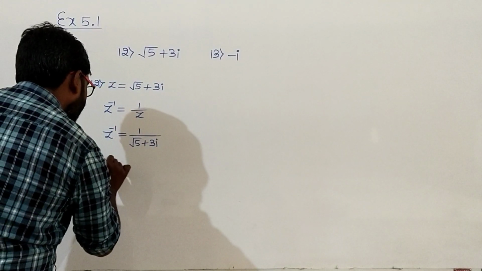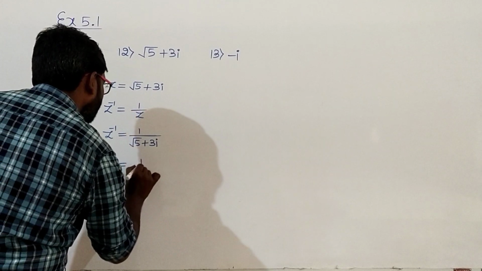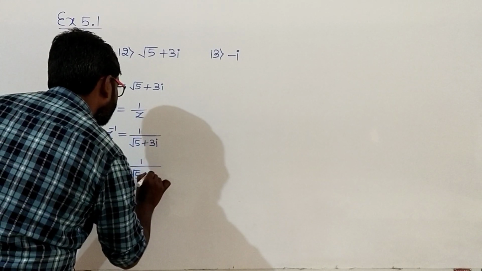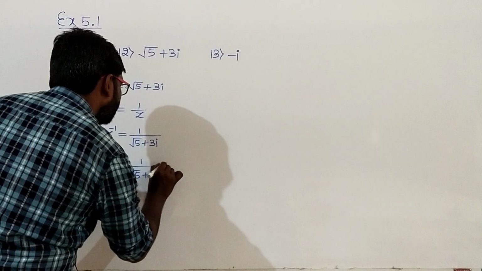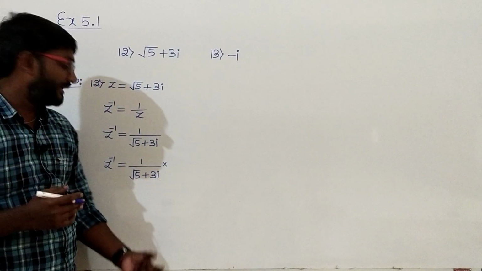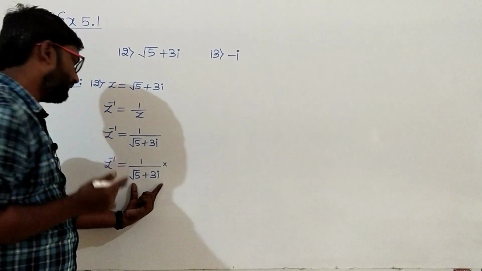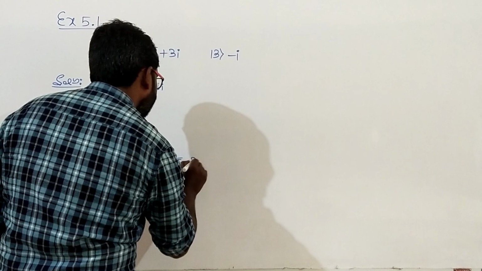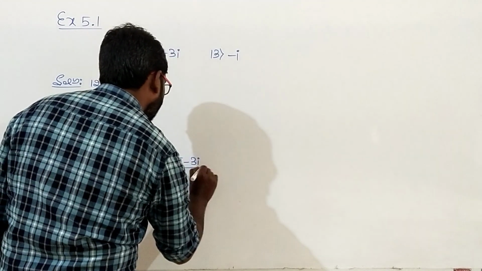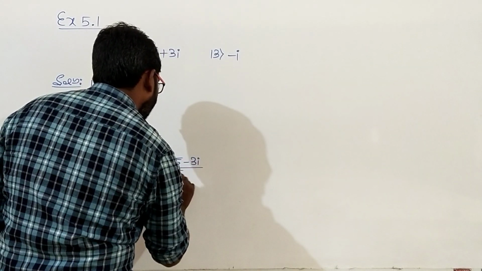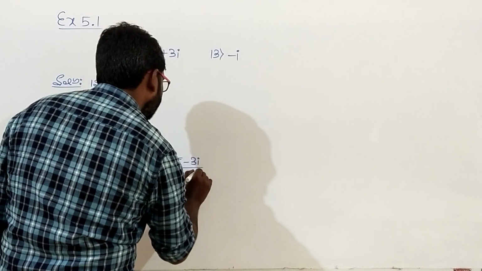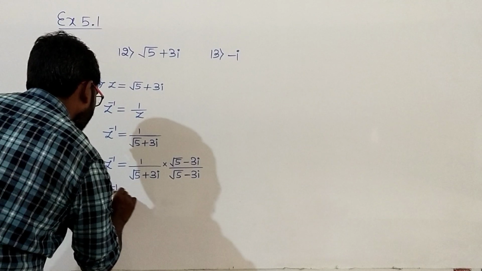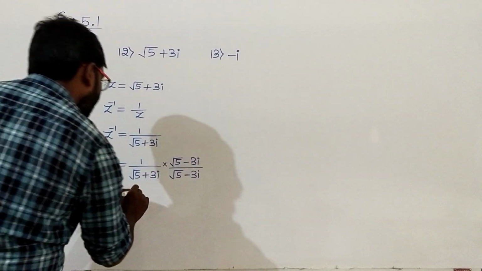So z inverse is 1 divided by root 5 plus 3i, then multiply and divide by the opposite sign of the denominator. It is root 5 minus 3i divided by root 5 minus 3i.